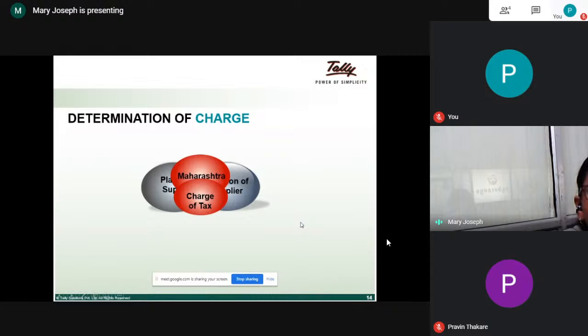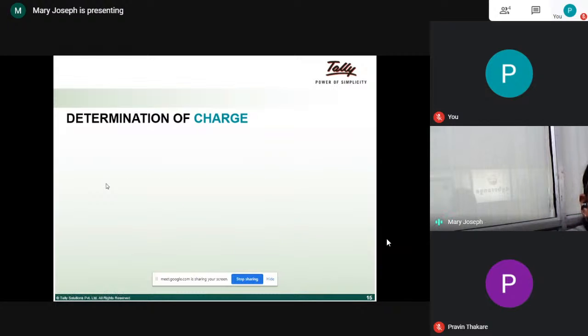Tax will be charged as CGST and SGST, which is called intra-state.